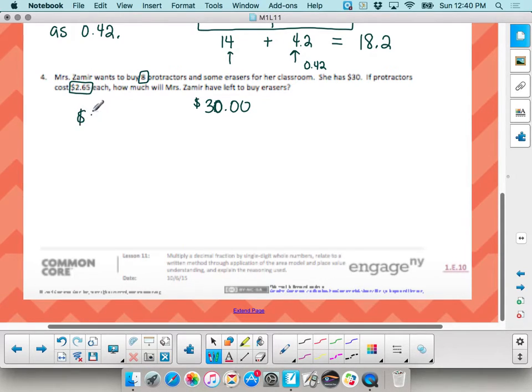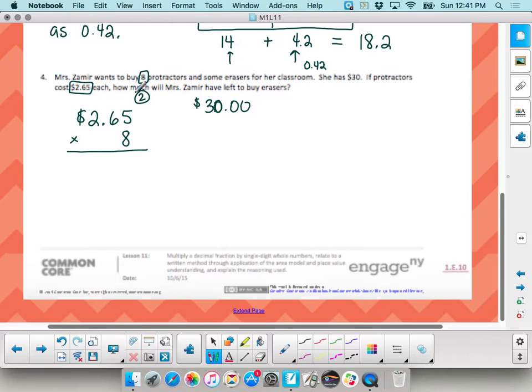So I'm going to multiply $2.65 times 8 using the standard algorithm. How many digits to the right of the decimal? 2. So I'm going to write 2 and circle it. I'll come back to that later.